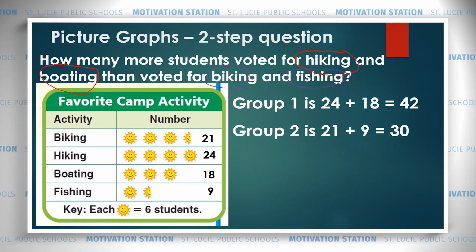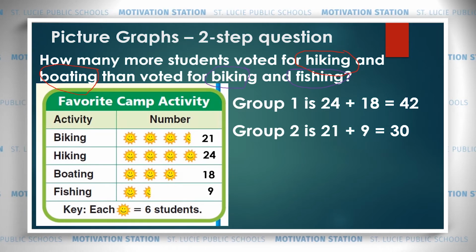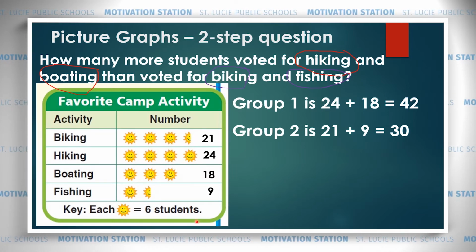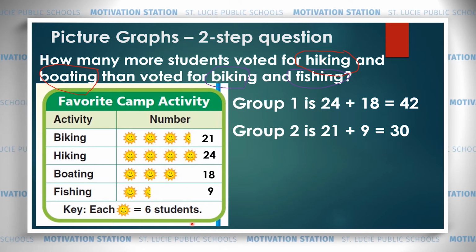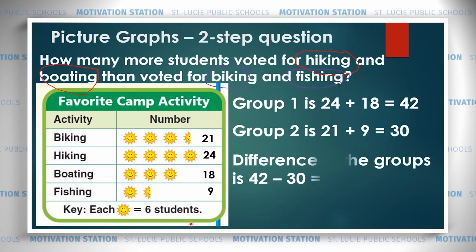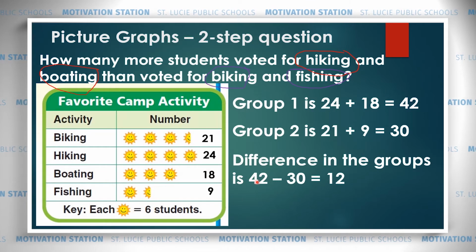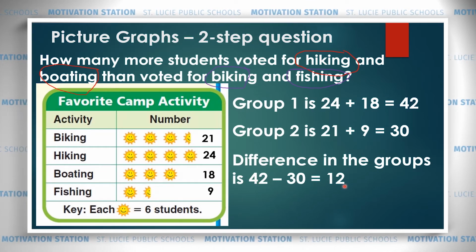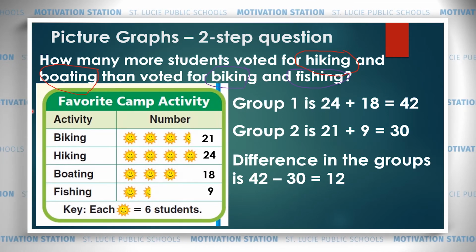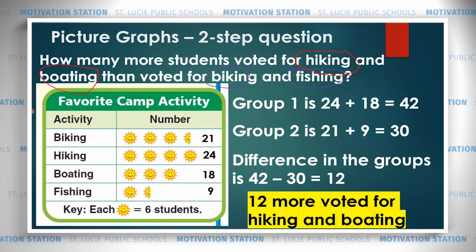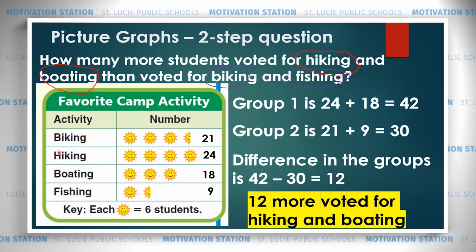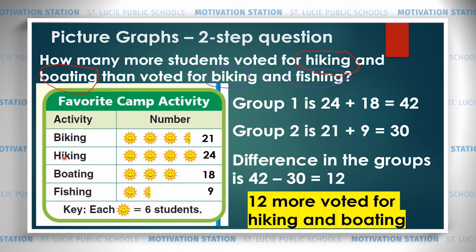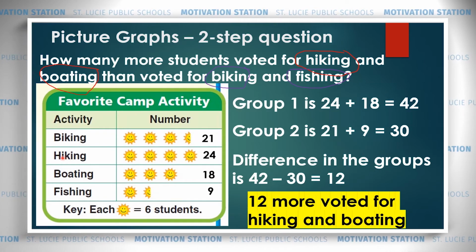Well, now I need to find the difference in the two groups. Group 1 is 42 and group 2 is 30. So the difference in 42 and 30 equals 12. 12 more people voted for hiking and boating than they did for biking and fishing.